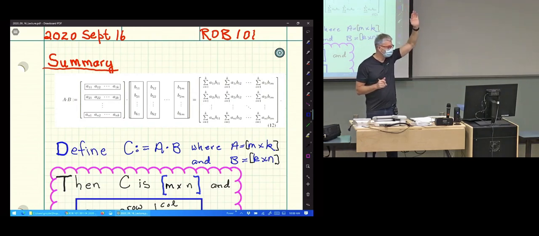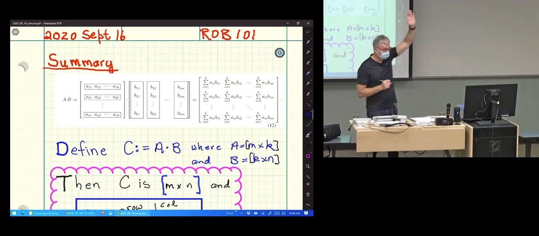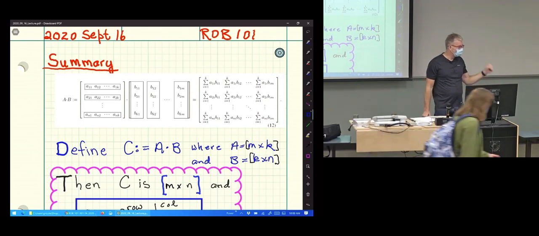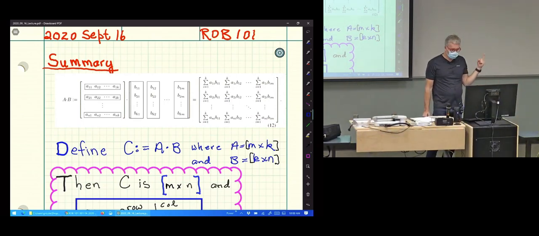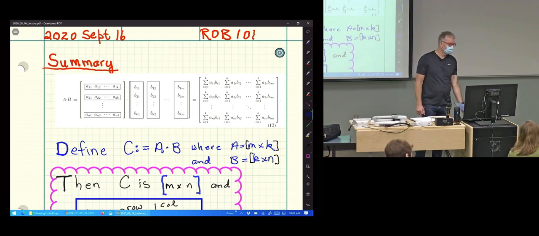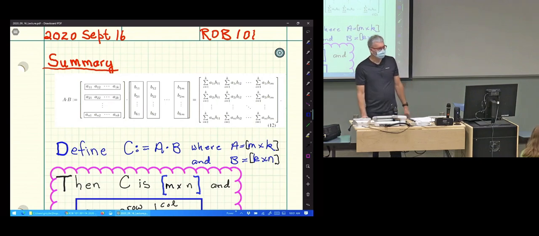So two of us are members of the 100 variable club, okay? How many online? 0, 1, 6. Oh, okay. Well, 8 of the Rob 101 students are willing to admit that they've solved the 100 by 100 system of equations. Did you cry when you did it?